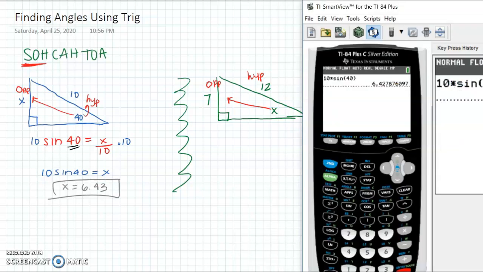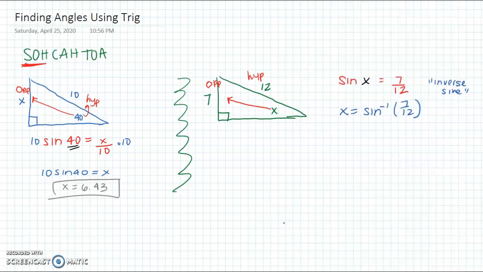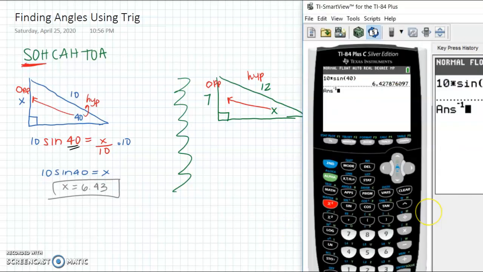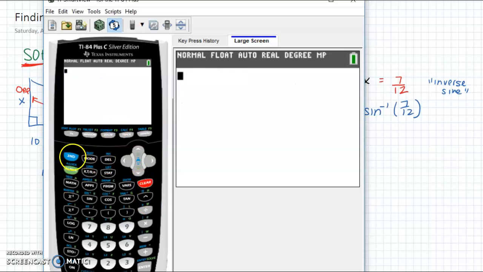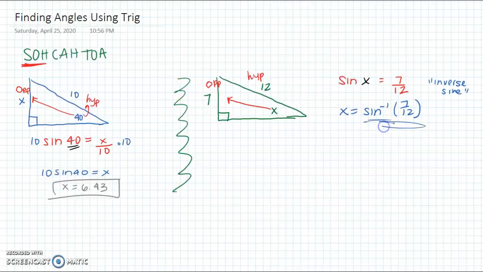So go to your calculator, and if you look at your sine button, just above it, probably in a different color, you're going to see sine to the -1. So if you hit second sine, it brings up the same thing that I wrote right over here, sine to the -1.